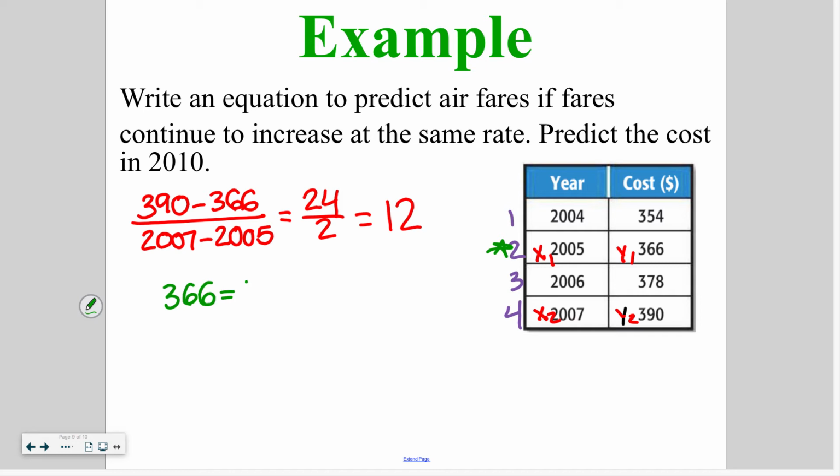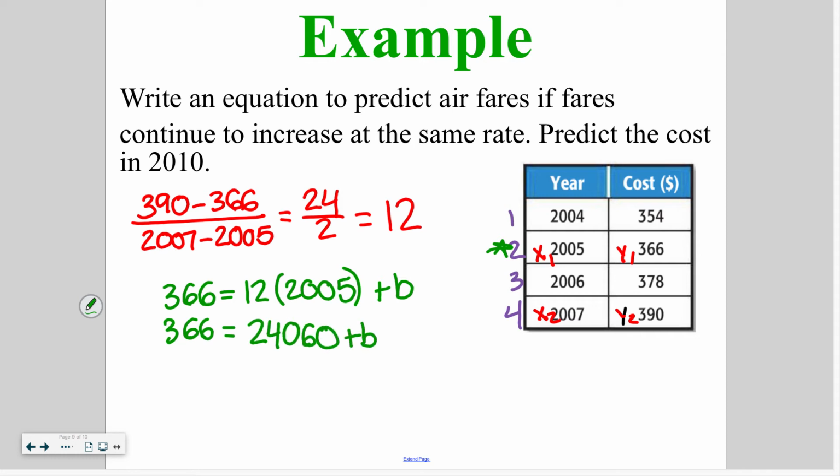So I've got 366 is equal to 12 times 2005 plus b. When I do that multiplication, I get 366 is equal to 24,060 plus b.